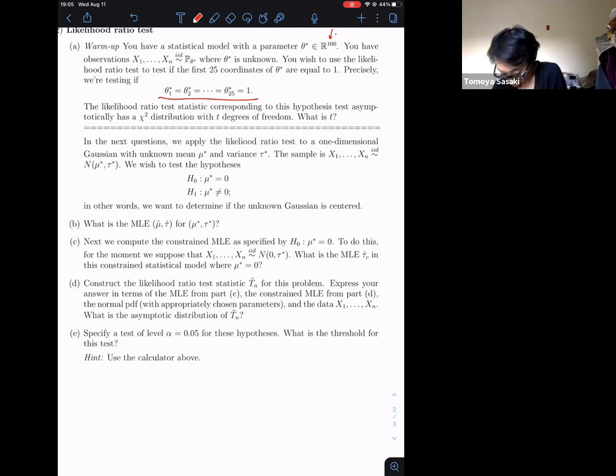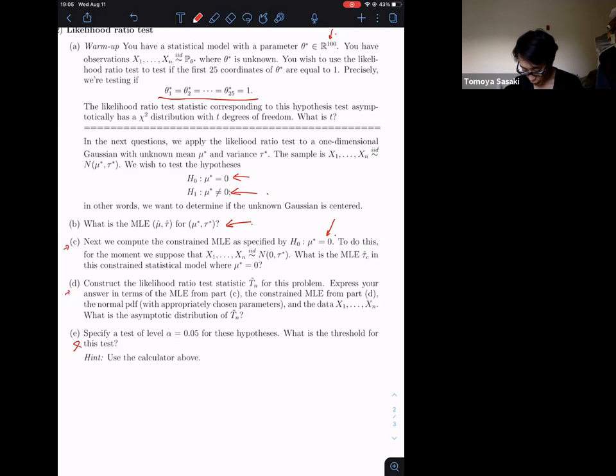We have 2 unknown parameters, but we are particularly interested in mu star. So we are asking you to compute the MLE, and to construct the likelihood ratio test for this question and this question.